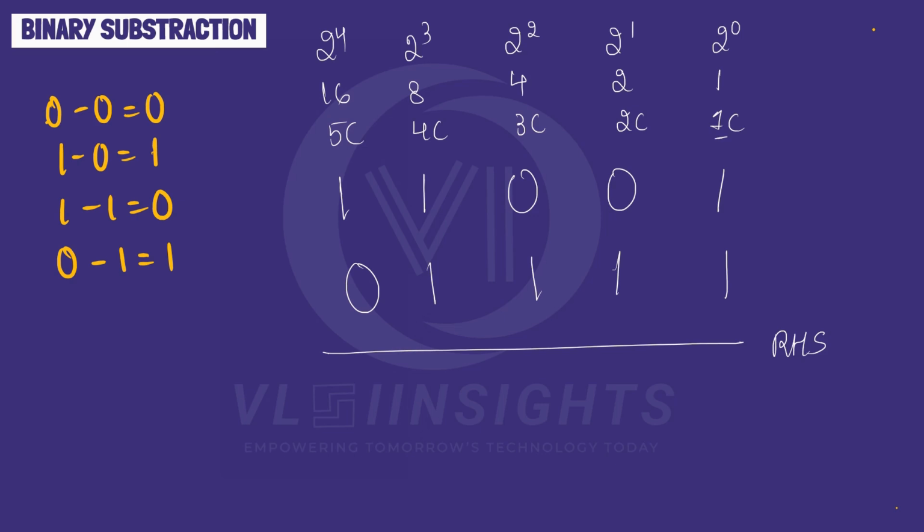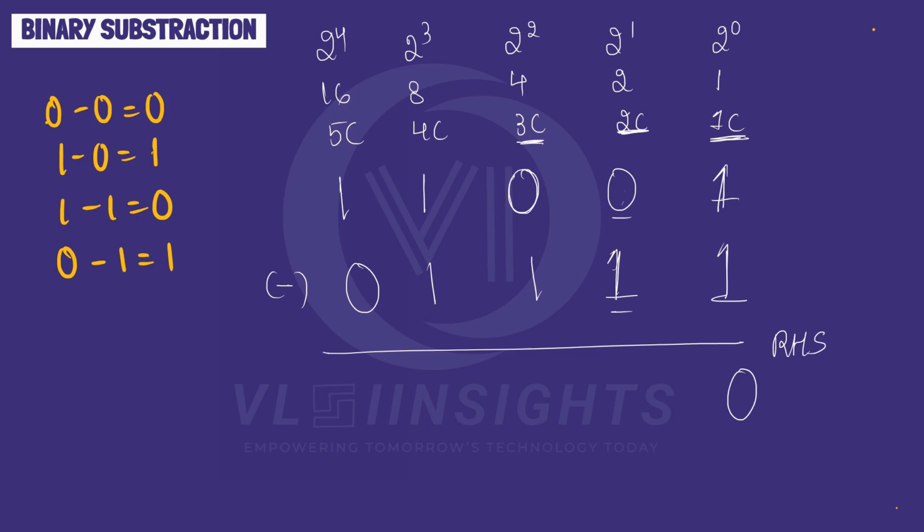So let me first check the first column. In the first column we have 1 minus 1, nothing but 0. In the second column we have 0 minus 1, which is basically not possible because 1 cannot be subtracted from 0. So let me go to the further column because I want to take 1 from the further columns.